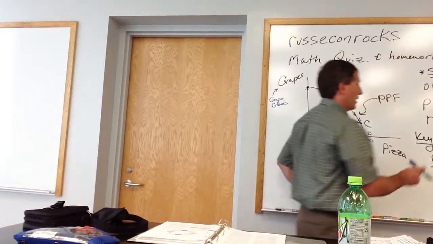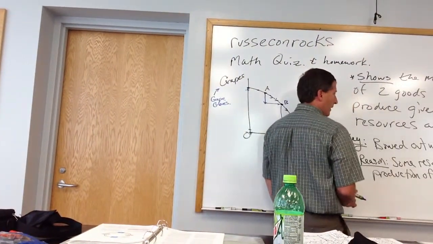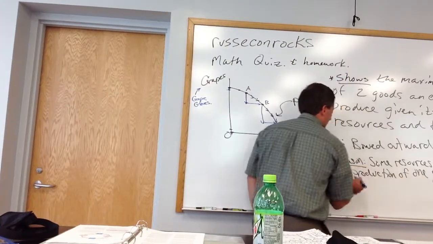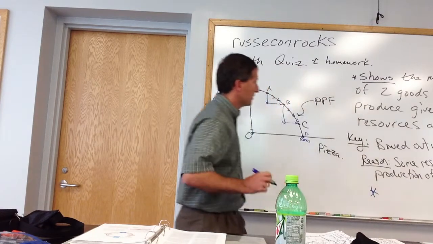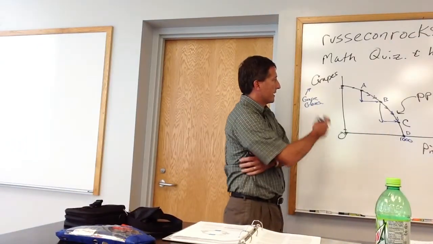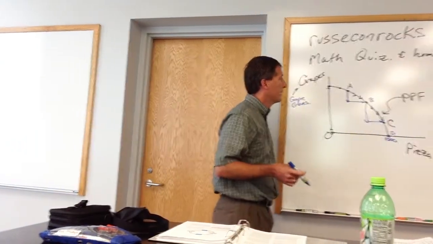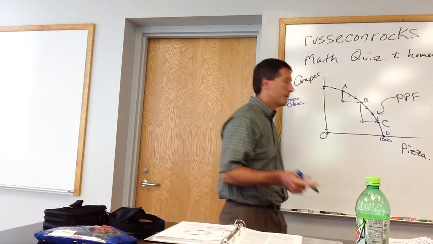All right, so the other, I guess, piece to this puzzle that this bowed outward thing gets, that I've kind of explained in one way, is that it becomes more costly.